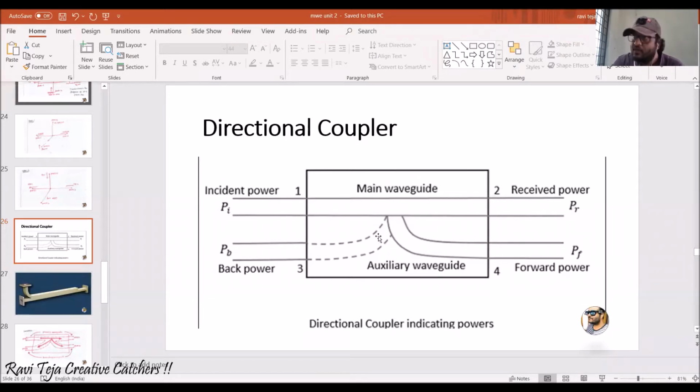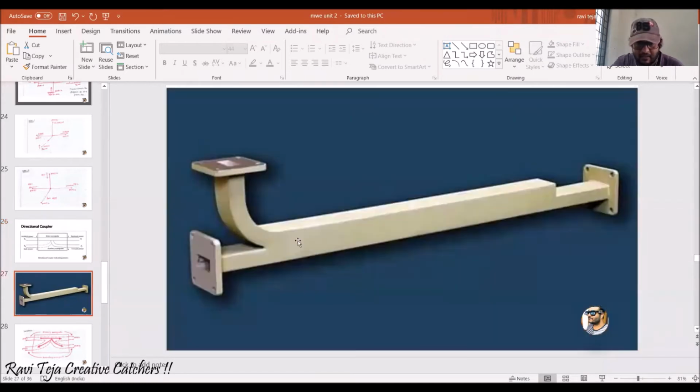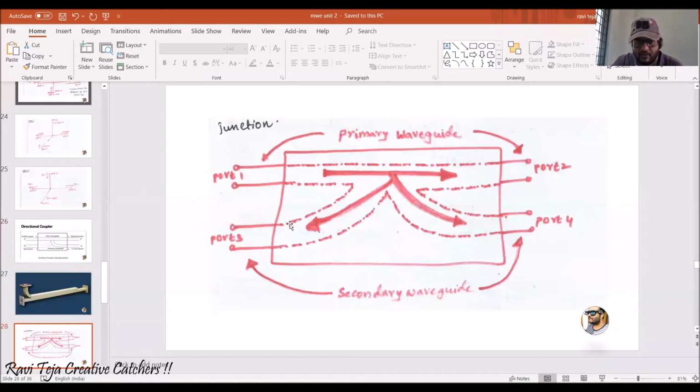From outside, it looks like separate parts like this. But inside, how it looks is like this. This is our primary waveguide and this is our secondary waveguide, which is bent and welded. Inside, if you see here, there will be hollow space.